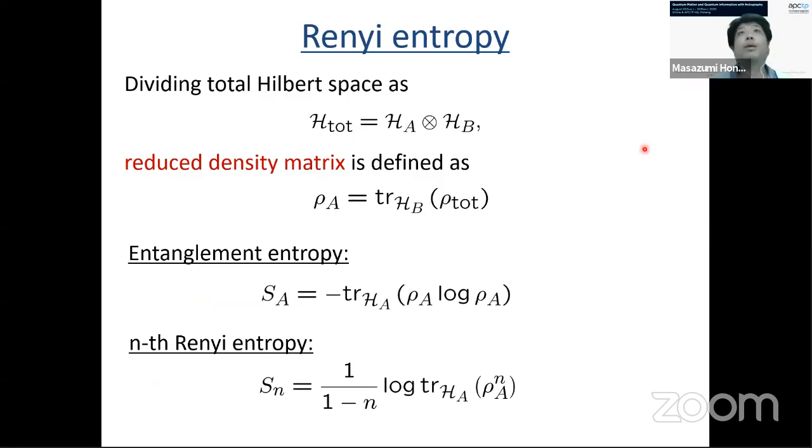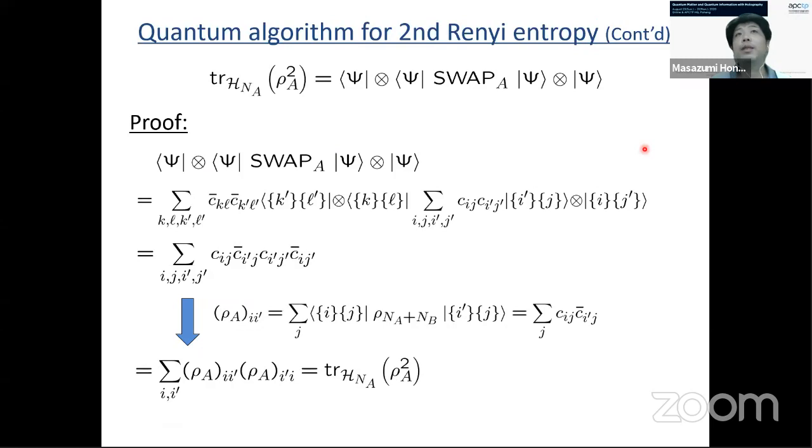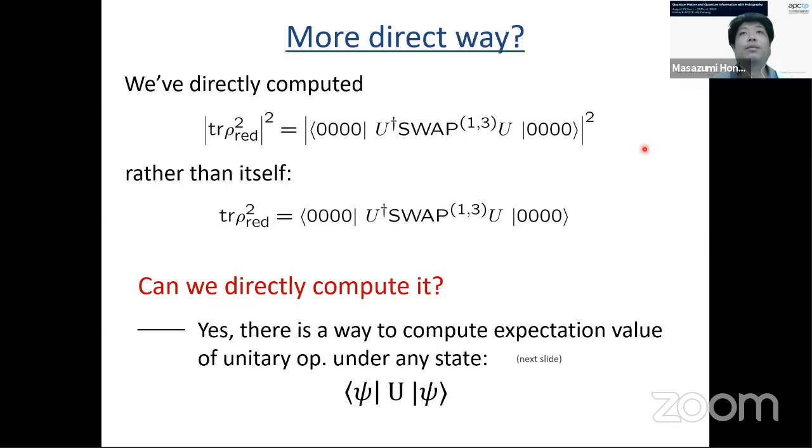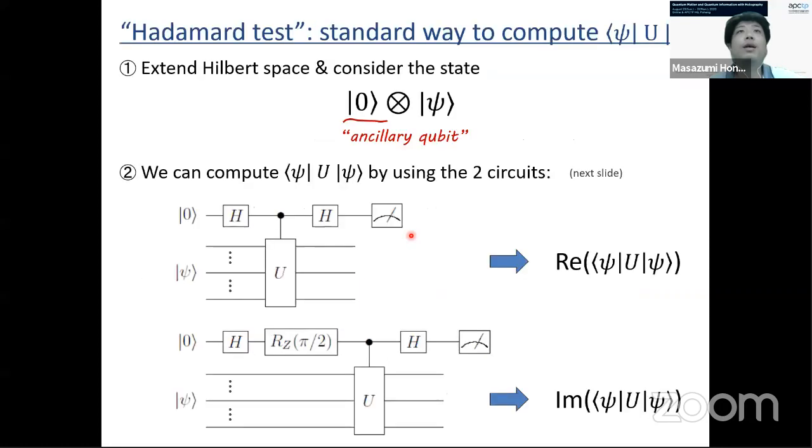I also explained how to compute linear entropy by quantum simulation. We can compute it by using swap: we consider the expectation value of swap under the state in consideration. I also introduced the Hadamard test, which computes the expectation value of a unitary operator.